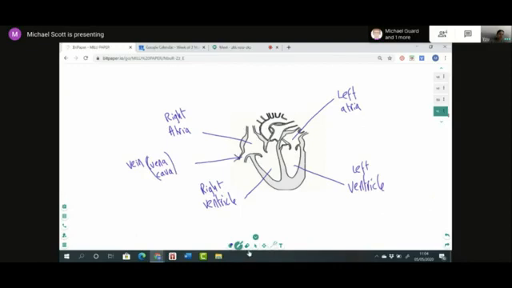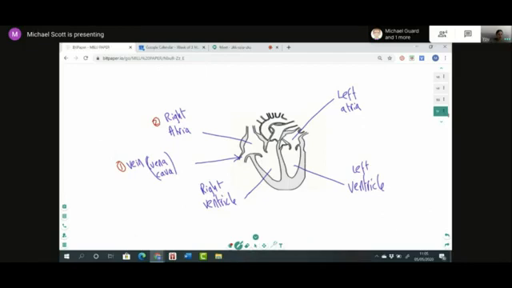So I'm going to put, I just had a eureka moment there. What I'll do is I'll put number 1, because that's the first stage of blood entering the heart. So blood goes from the vein, the vena cava, it then goes to the right atria.